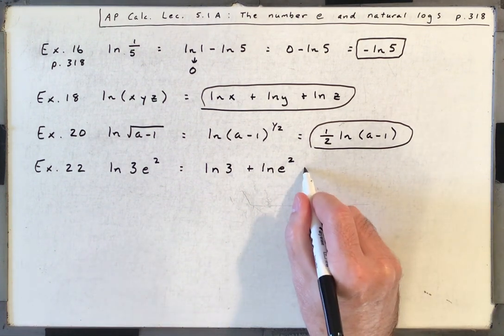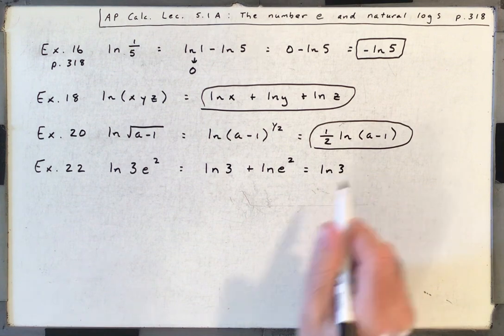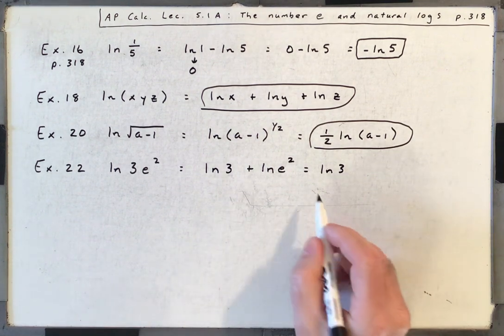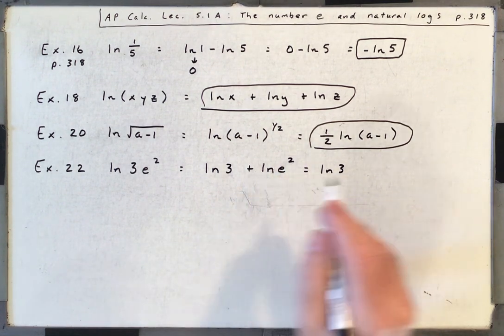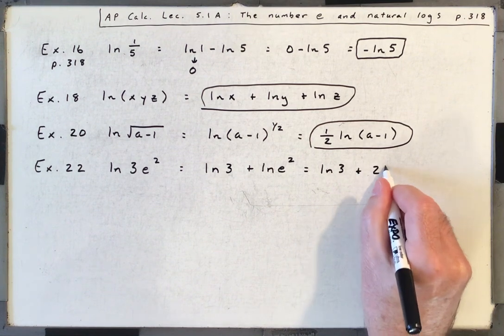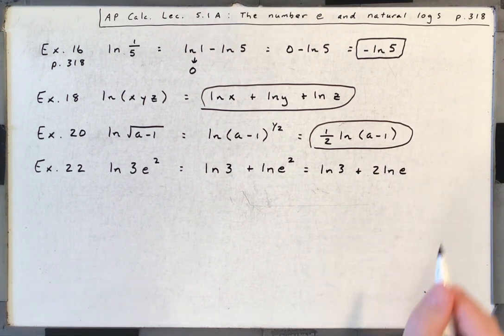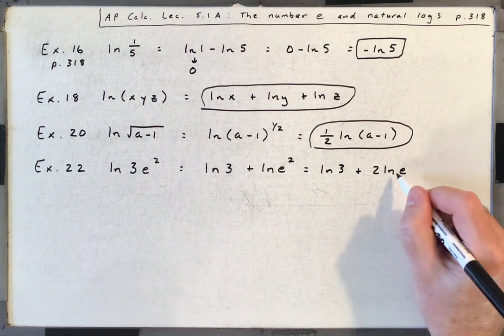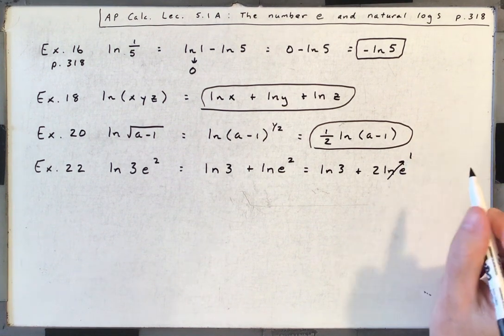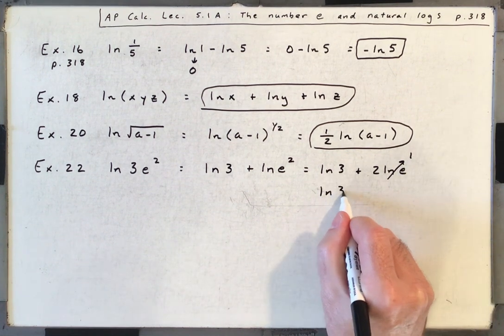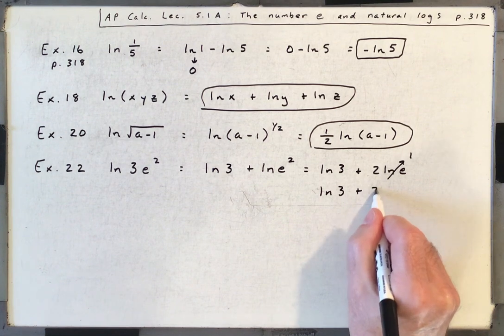So that's going to be the natural log of 3. That's just a decimal number. You can put it in your calculator. And then we'll take this 2 and bring it out front. 2 times the natural log of e. Well, the natural log of e is just 1, right? So this is the natural log of 3 plus 2.